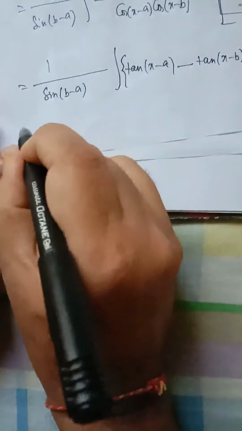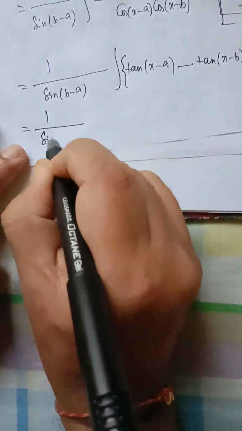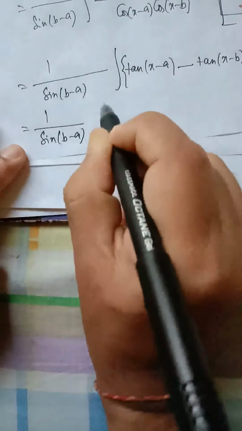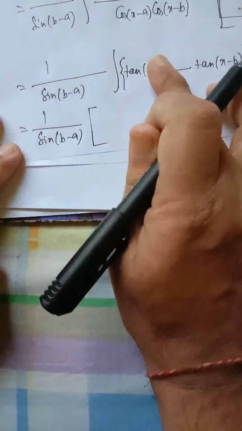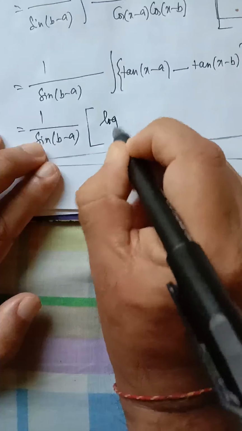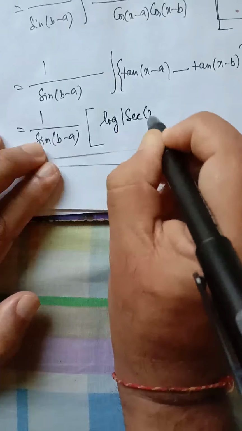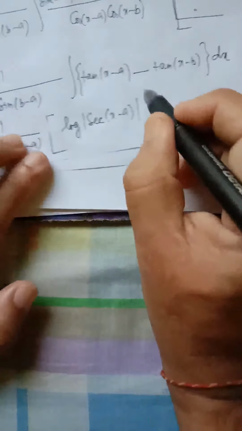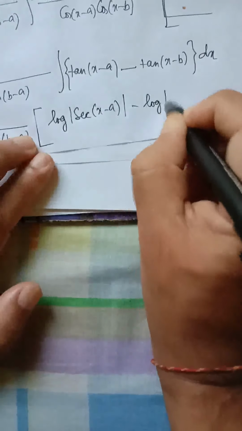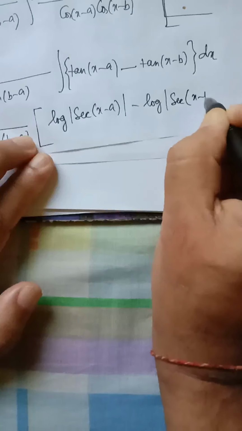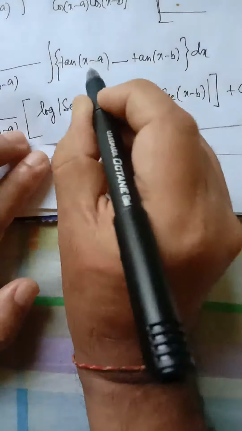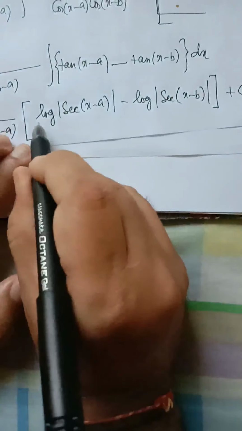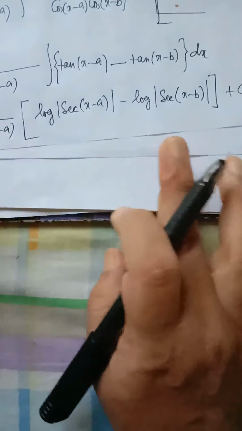So 1 by sin(b minus a), integration of tan x. Integration of tan x is log of sec x. So log of sec(x minus a) minus log of sec(x minus b) plus c. Here the coefficient of x is 1, so if we divide by 1 it will remain the same. So this is our answer.